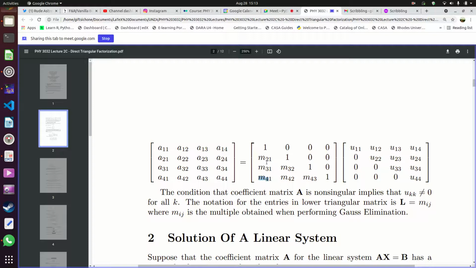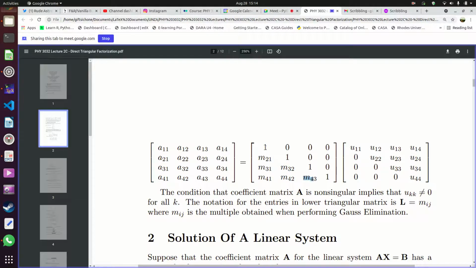To get M21, we divided A21 by A11. You remember when you're doing Gauss elimination? Those multipliers are the ones you put here: M21, M31, M41, then M32, M42, M43.